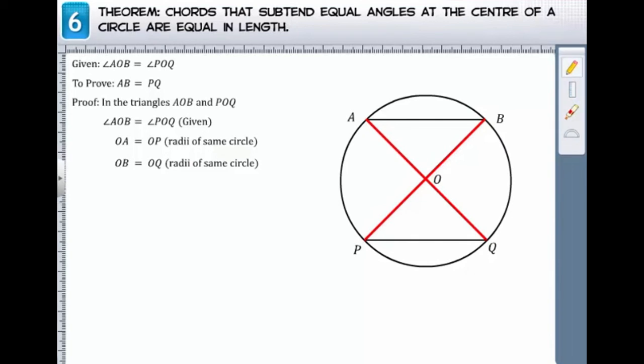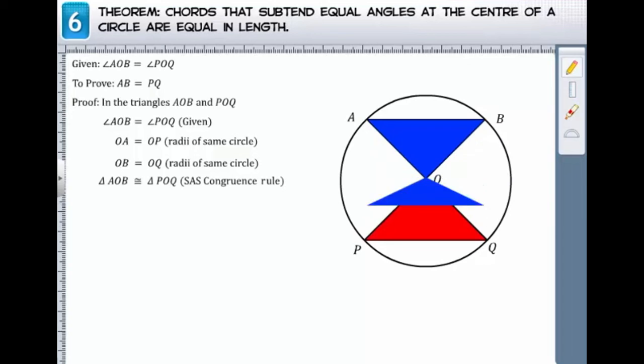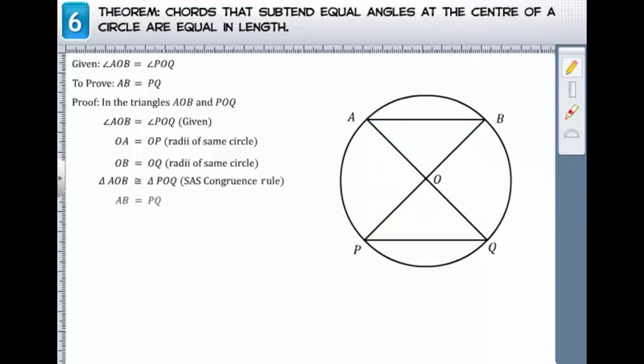Since two adjacent sides and the included angles of the triangles AOB and POQ are equal, the two triangles are congruent by the SAS congruence rule. This also means that AB equals PQ, since they are corresponding sides of congruent triangles. So, we have proved that chords of a circle that subtend equal angles at its center are equal in length.